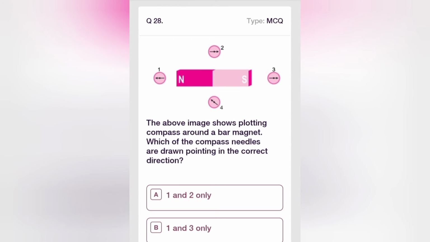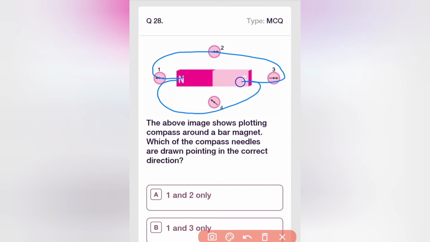28th question. The above image shows the plotting compass around a bar magnet. Which of the compass needles are drawn pointing in the correct direction? So we know that the direction of the magnetic fields will be like this, right? And like this.